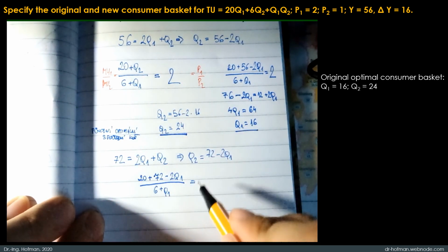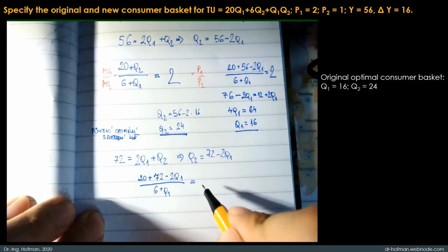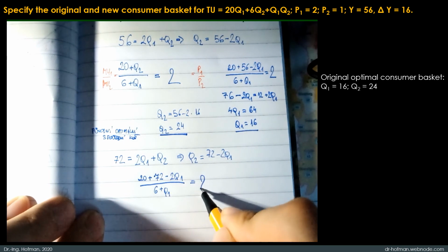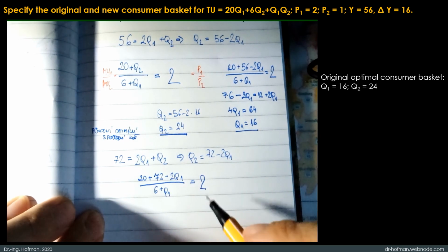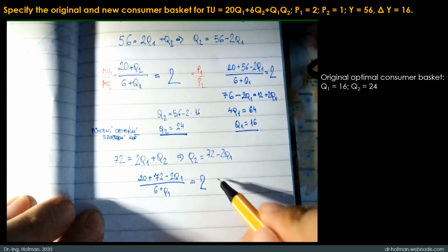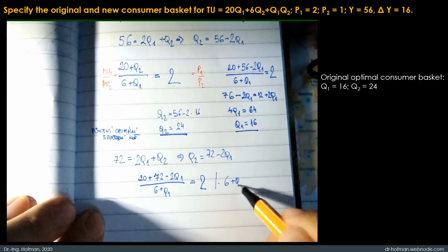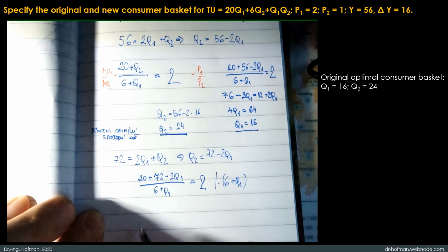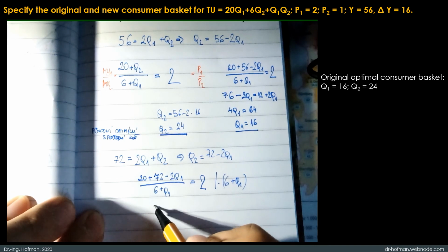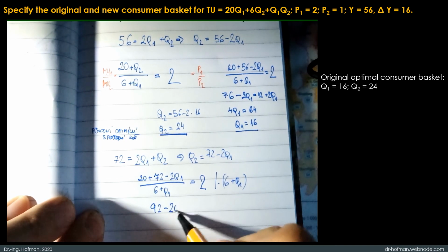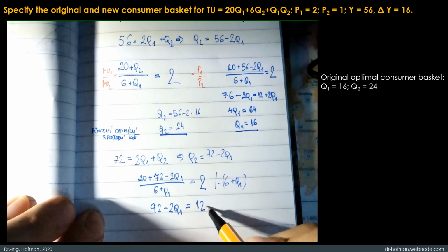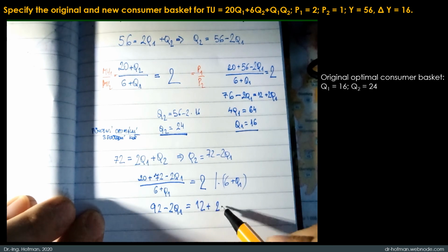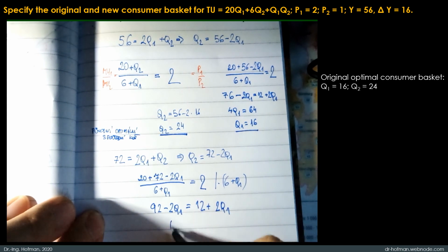The prices were unchanged, so the 2 stays the same. From here I easily express Q1 at first by multiplication. 92 minus 2Q1 equals 12 plus 2Q1. And from here, the first coordinate in the new changed optimum equals 20.